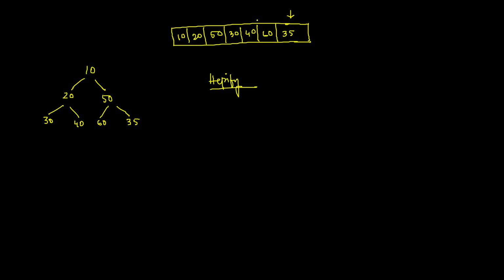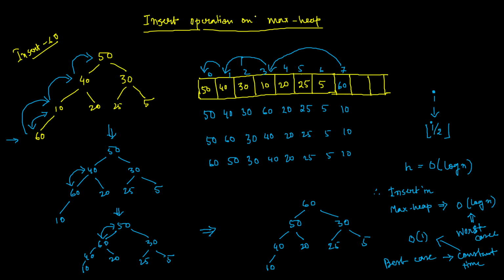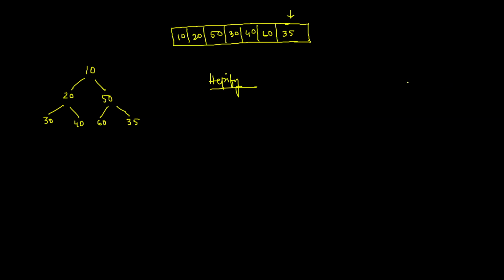And how can we find the corresponding parent? We have seen already in the previous class slide that we have a relation something like this: if the child is present at the ith location, then the parent should be at the floor value of the i by 2th location. So automatically you can easily find the corresponding parent of 35, that is 50.